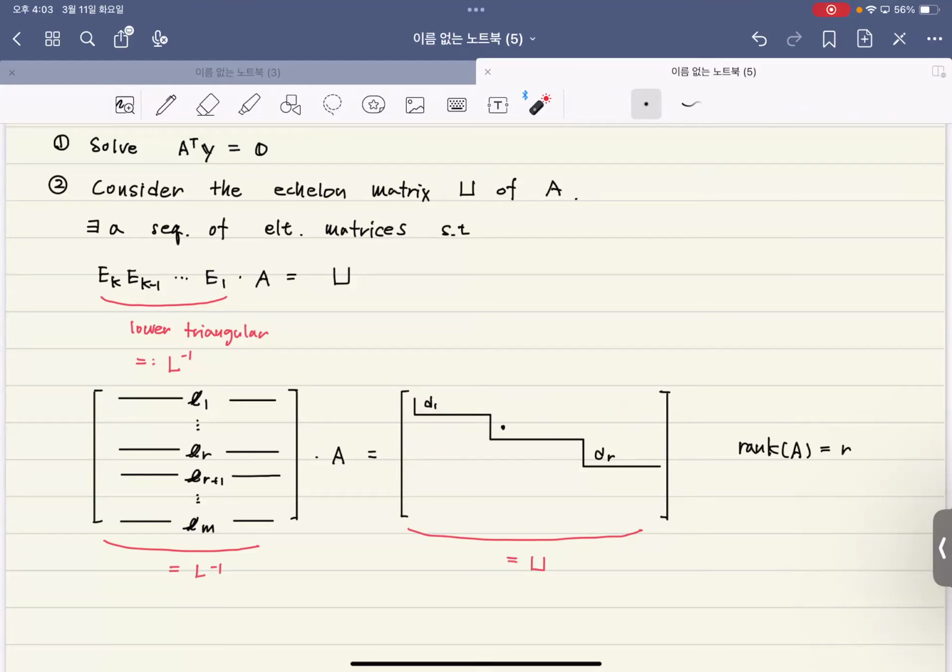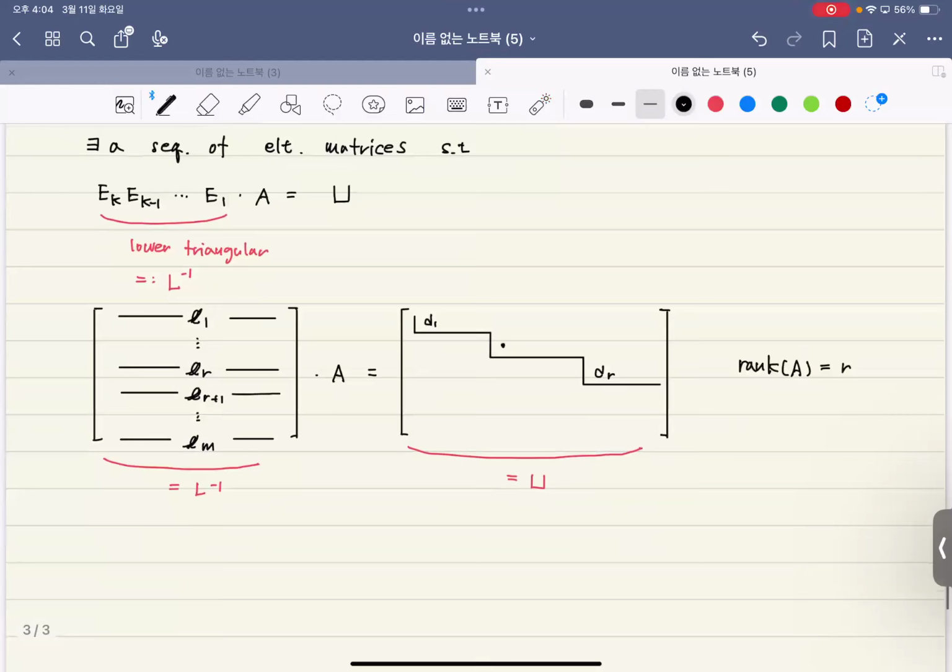So magnifying this equation, I have this one. Does it help to find the basis of the left null space? Oh, yes. Because this single row multiplied by A is going to be the first row on the right, right?